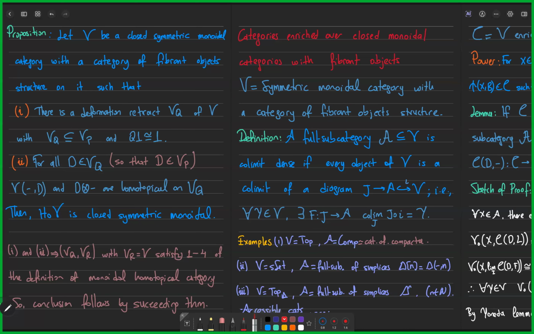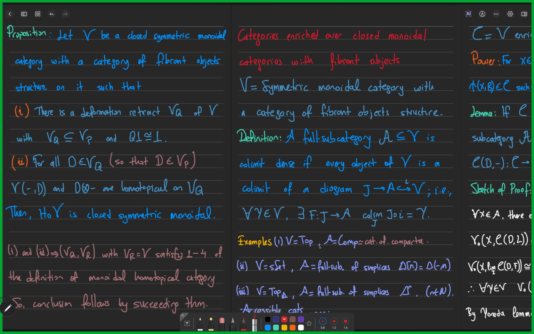For example, V itself is colimit dense in itself. This is trivially true, but we have non-trivial examples as well. If V is topological spaces, I mean compactly generated weak Hausdorff topological spaces, which is the ideal setting for classical homotopy theory of topological spaces, we can choose A as the full subcategory of compact Hausdorff spaces.